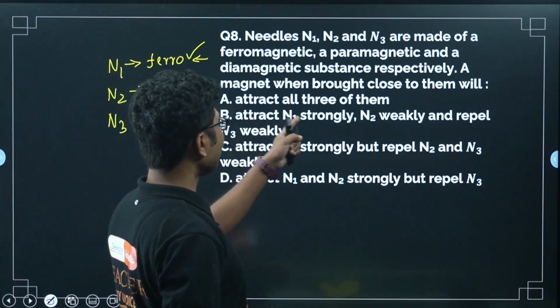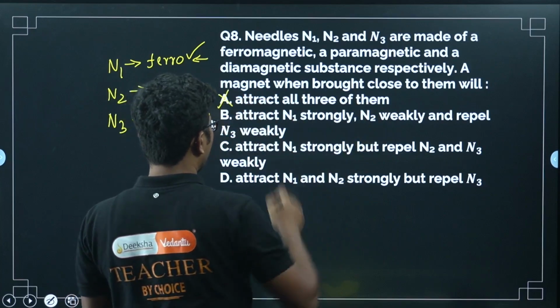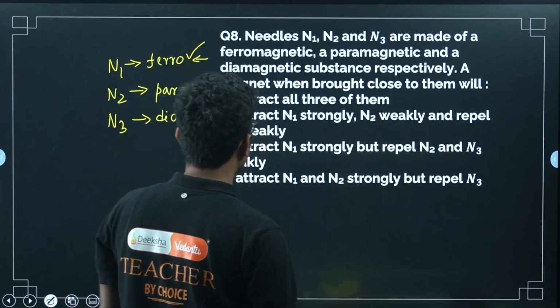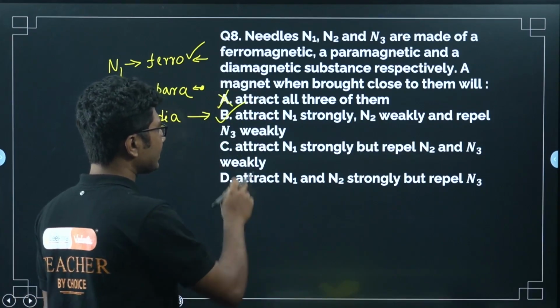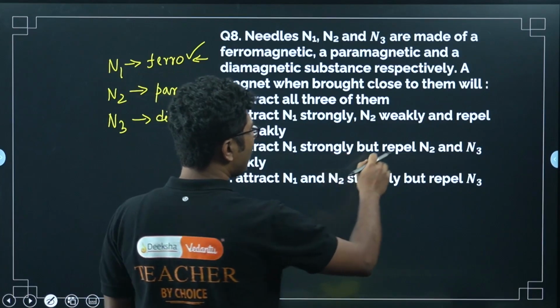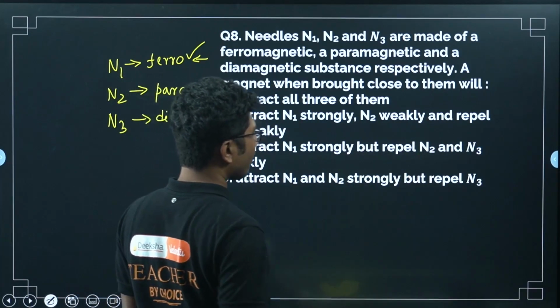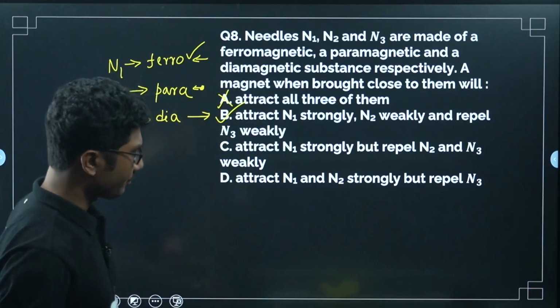Attract all three of them is obviously wrong. Attract N1 strongly, correct, N2 weakly and repel N3 weakly. So this is the correct option. If you check the other options, attract N1 strongly, correct, but repel N2 and N3 incorrect. Attract N1 and N2 strongly but repel N3, that is also incorrect. So the only correct option is option B.